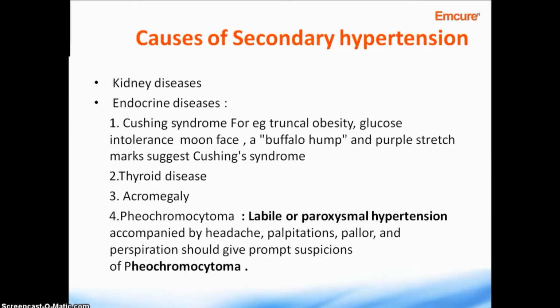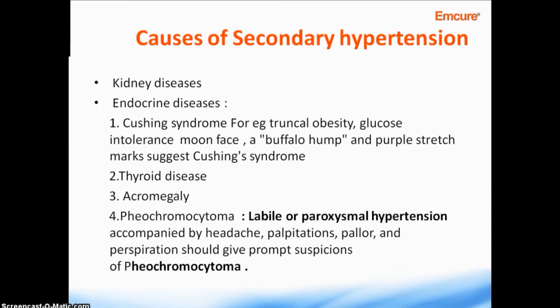Well, acromegaly is a term used for gigantism. If you remember the Great Khali, well, he is a giant. As the size of the body increases, probably the size of the heart also increases. So does the volume, so does the cardiac output, and so does the blood pressure. In case of thyroid, it is hyperthyroidism, which leads to increased heart rate and increased force of contraction, and so on, affecting the cardiac output as well as the blood pressure.